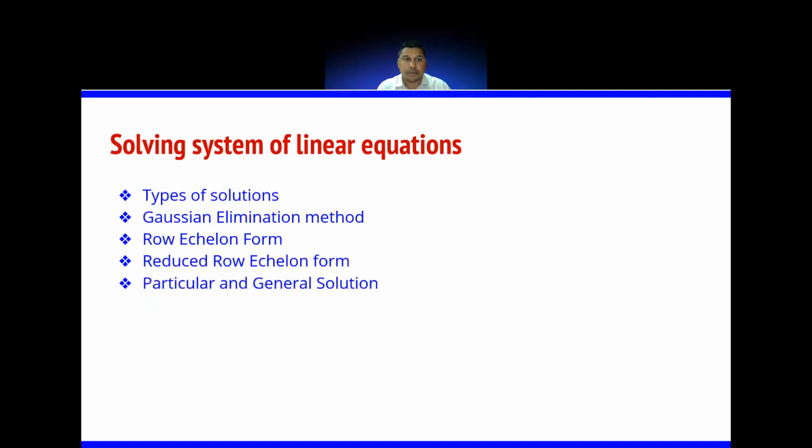Next concept we are going to see is particular and general solution. One very important concept in machine learning, particular and general solution. Let's see what it is.